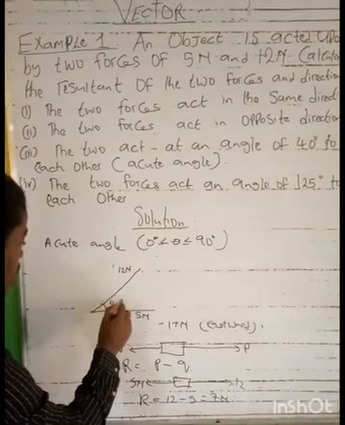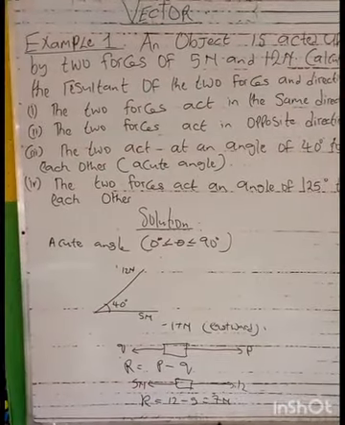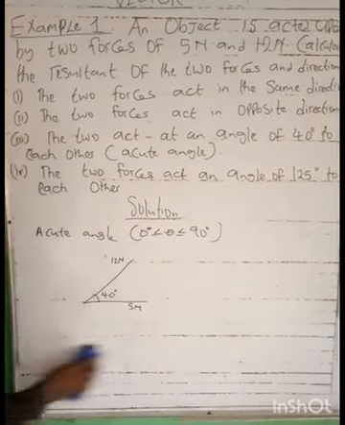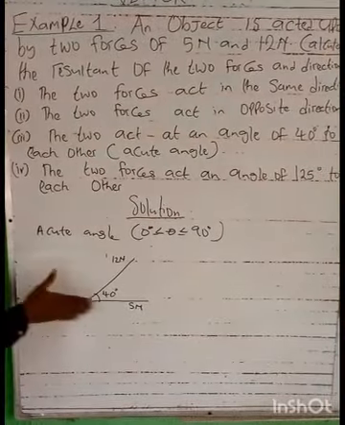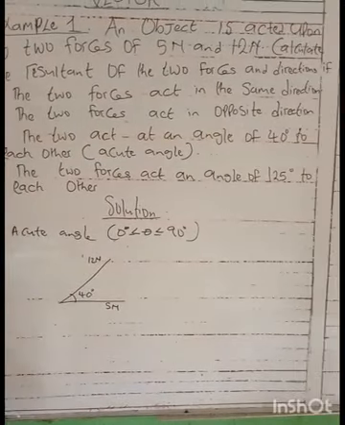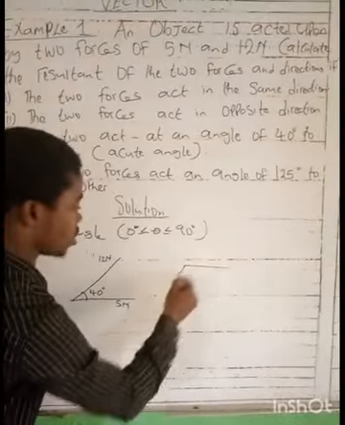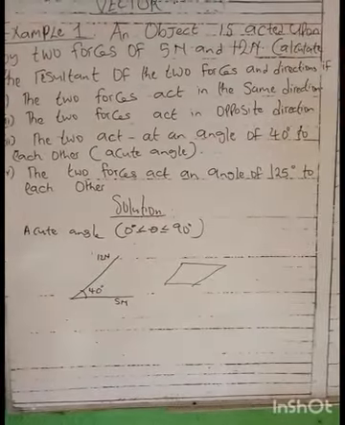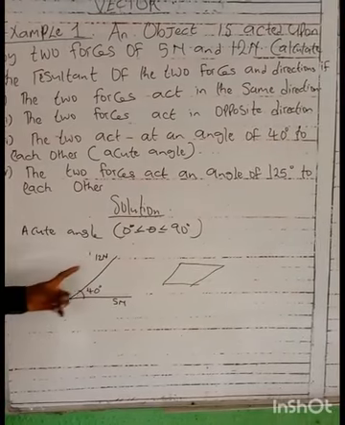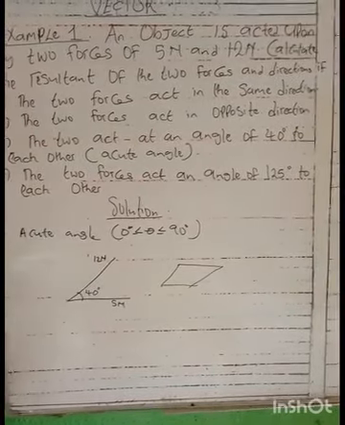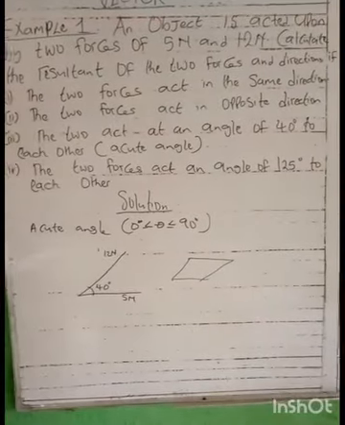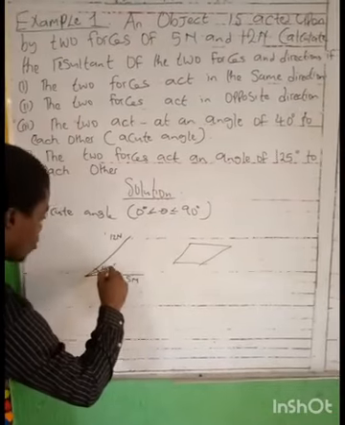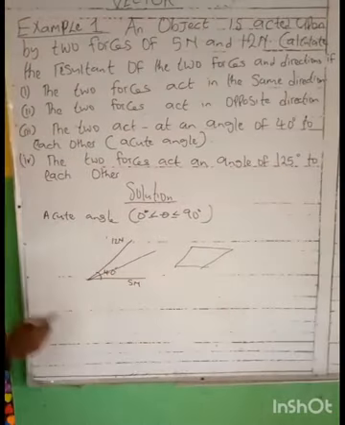According to the parallelogram law of vectors, which says that if I have two forces represented by the adjacent sides of a parallelogram, this almost looks like a parallelogram. The adjacent sides of the parallelogram, because a parallelogram looks like this. So what we have here looks like the adjacent sides of a parallelogram. So the parallelogram law of vectors says that if I have two forces represented by the adjacent sides of a parallelogram, the resultant is always drawn from the diagonal of the point of intersection.